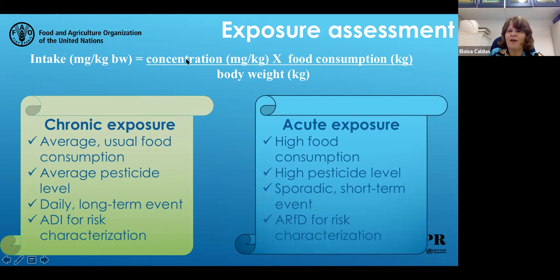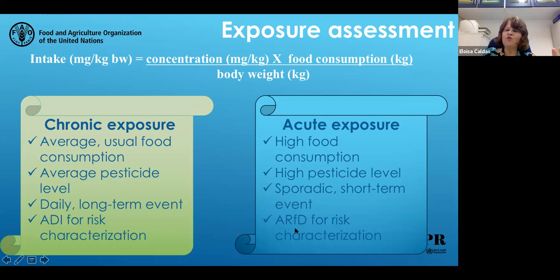So you have a high concentration level and a high food consumption level. And this occurs sporadically, hopefully. You will not be consuming a high amount of apple every day in your life. Hopefully you are consuming that only sporadically.